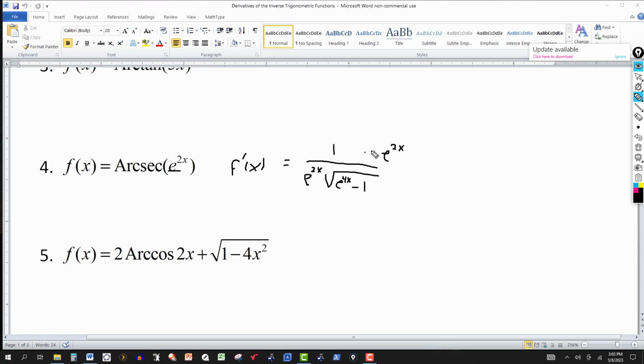Derivative of 2x is 2. We got e to the 2x, e to the 2x, that cancels. So that leaves me on top with 2 times 1, which will be 2, over square root e to the 4x minus 1. So here's your answer for this one.